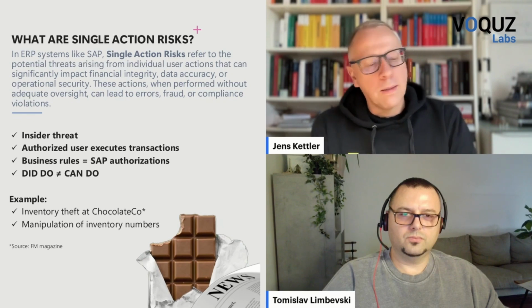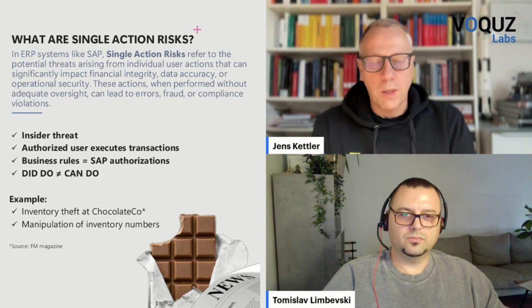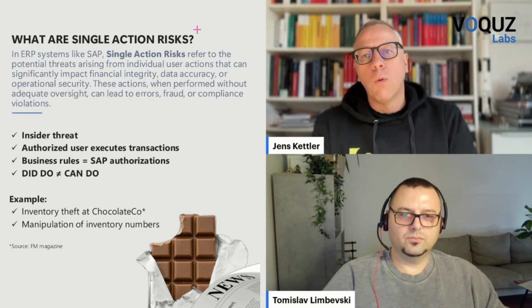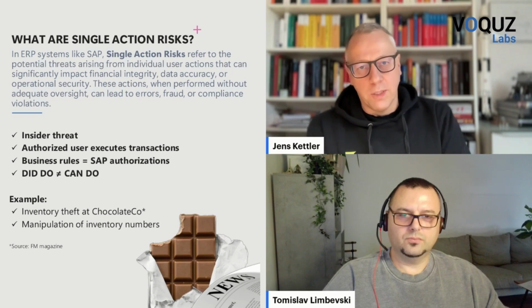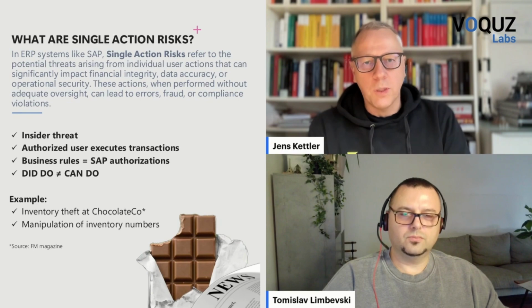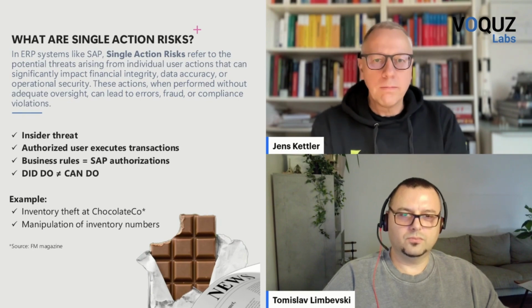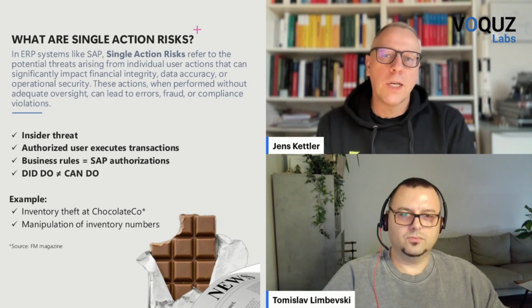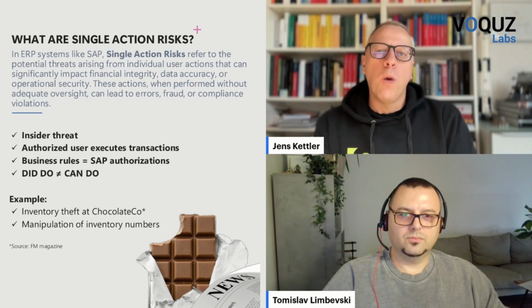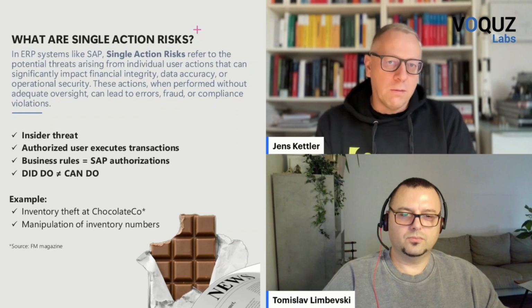And we took as an example what you can do and how we can work with these change documents. We took the topic of single action risks, not segregation of duty, which involves two actions and which would be more complex to do. But as an introduction to that topic, we're looking at single action risks.